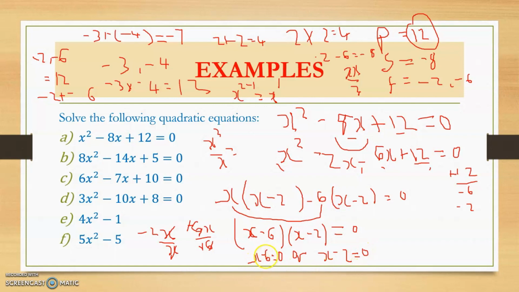So we move negative 6 to the other side, and x is equal to 0 plus 6, which is x is equal to 6. Or x is equal to 0 plus 2, which is x is equal to 2. So we have two solutions here: x is equal to 6 or x is equal to positive 2. So that's how we work out this problem.